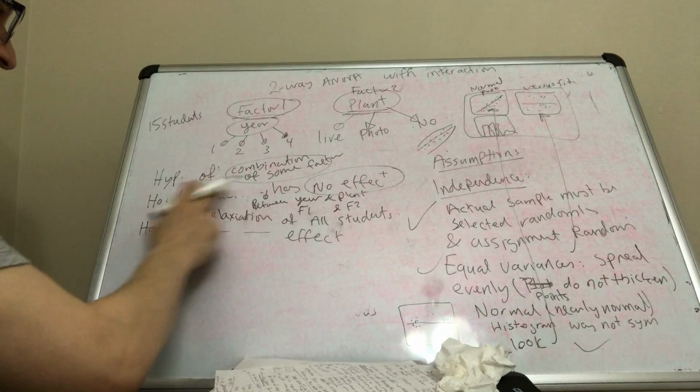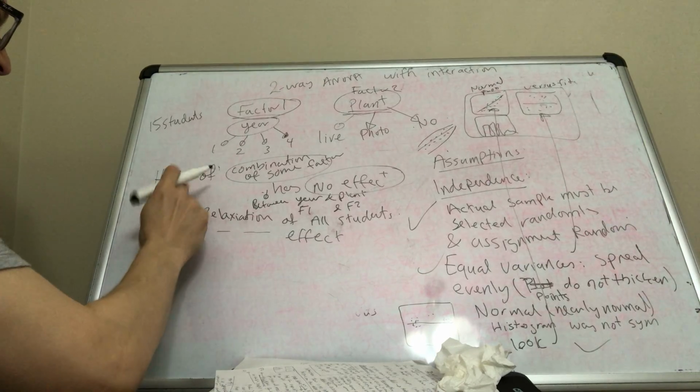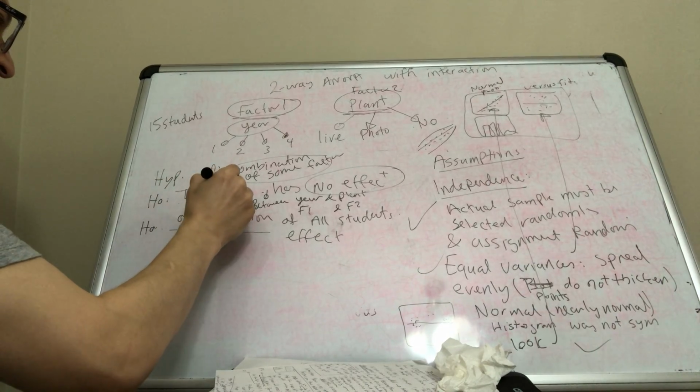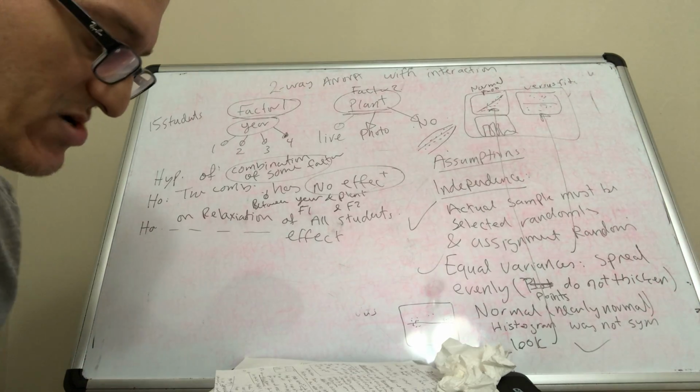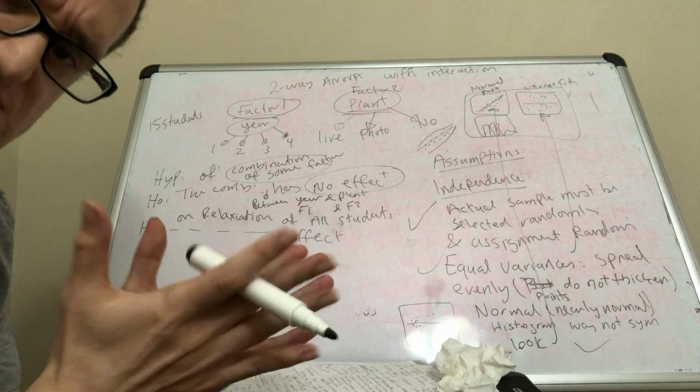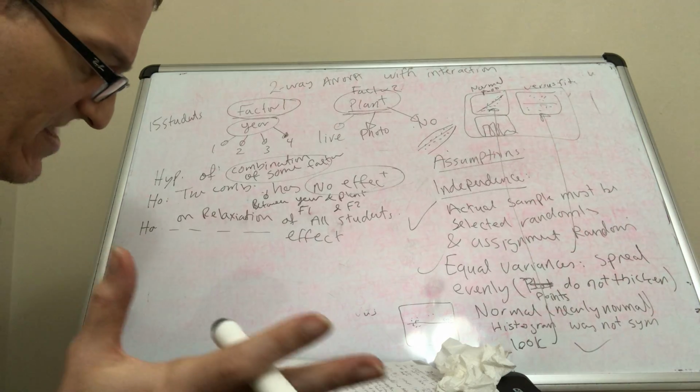So you state the combination between year and plant has no effect. This was asking for combination, which is a little bit different than interaction.